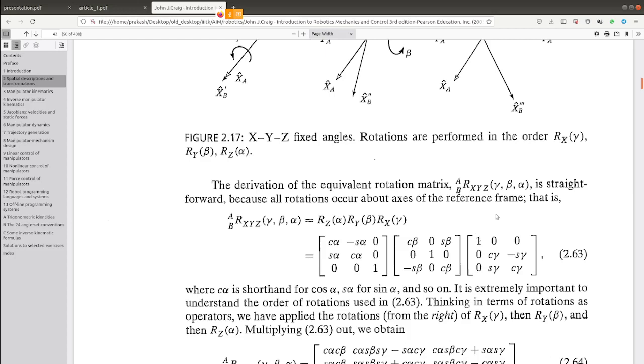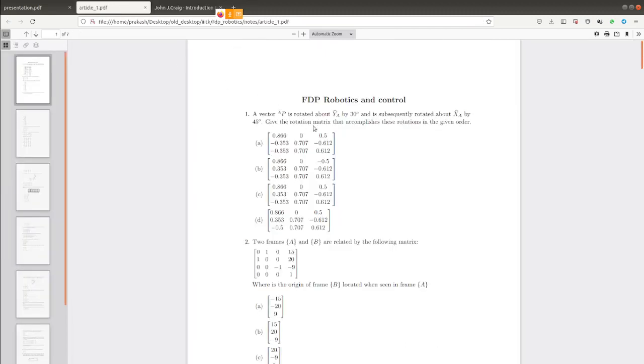First we are rotating with respect to the y-axis, so on this side we need to put the y-axis matrix, and then behind that we need to put this matrix. And if we calculate the result, we get the total rotation matrix.